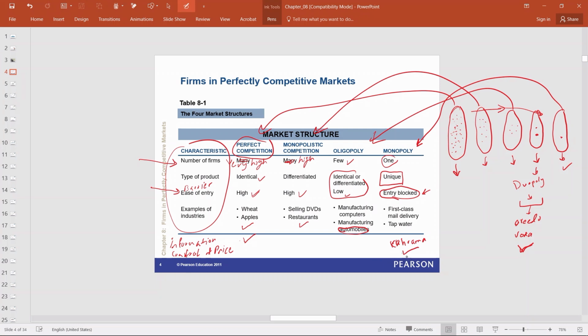So as we go this way, the level of information becomes lower and more control of prices until we reach full control of prices in monopoly.